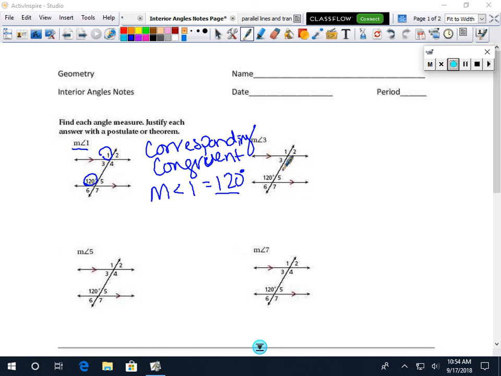Alright, looking at the next example here. I have the measure of angle 3 and 120 degrees. The relationship between these two angles is that they're on the same side and both interior. So same side interior.